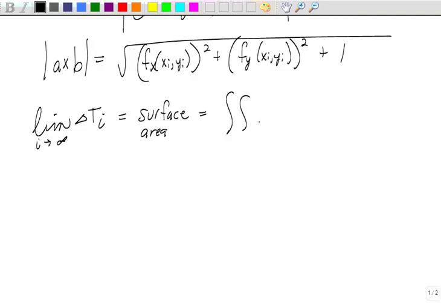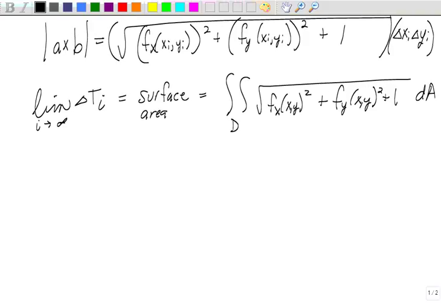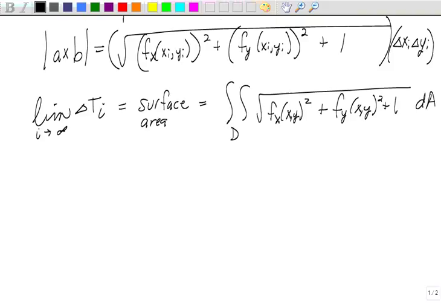So it's going to be the double integral over that region D of the square root of this. Oh, I forgot you can have those on the outside. And that's the dA. Okay, so that's where the formula comes from. Quickly, I just kind of outlined it. You can look at it specifically in the book.